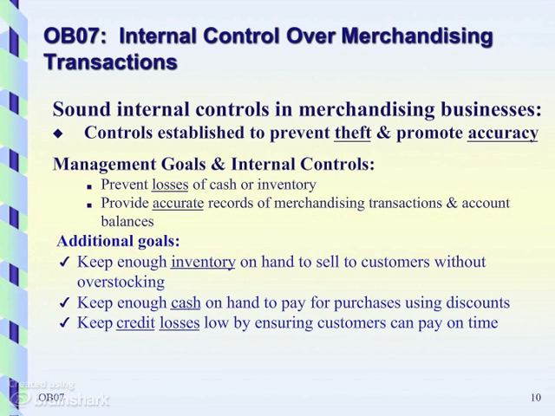Additional goals are to keep enough inventory on hand to allow customers to purchase their merchandise without overstocking inventory. Additionally, management wants to keep enough cash on hand to pay for purchases and be able to use discounts to reduce the amount that they're paying for their purchases. And then lastly is to try to keep credit losses low by ensuring that customers pay on time.